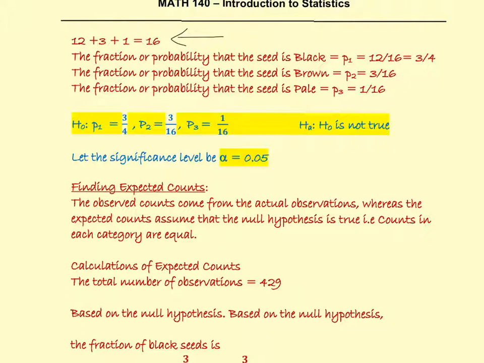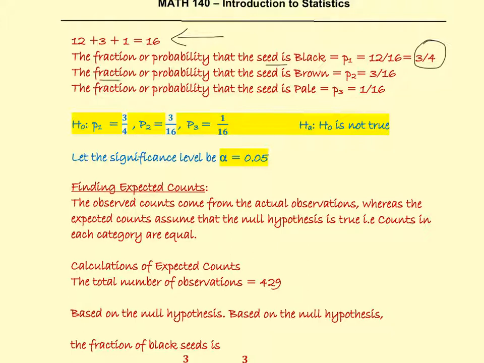So if there are 16 parts, then the fraction of the black seeds should be 12 out of 16. So 12 out of 16 should be the fraction of black seeds in any given number of seeds.